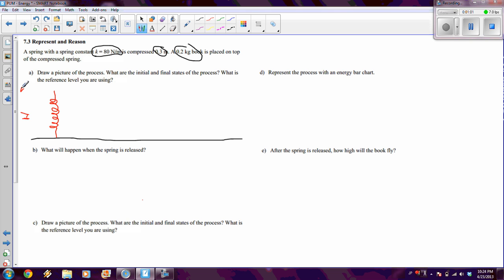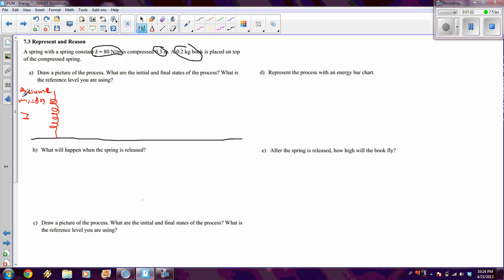So we can write that on here. Assume M of the spring is equal to 0 kilograms. And that'll help us later.